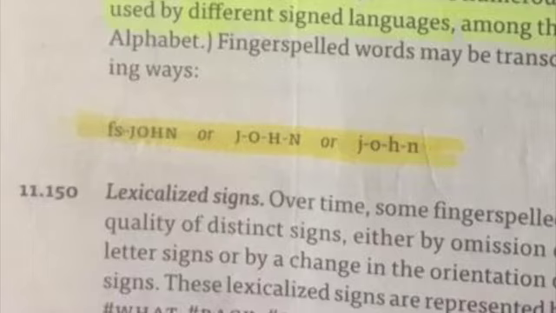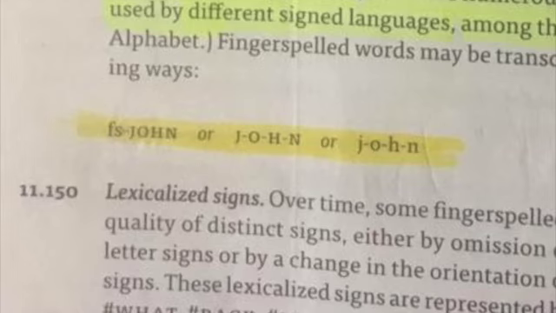Of course it's not there, because it's under foreign languages. This isn't English. This is a foreign language, so the English translation is not going to be there. If you're reading JOHN here as all capital letters, this is not the English translation. This is sign language under foreign languages, and all of these three different types fall under sign language.